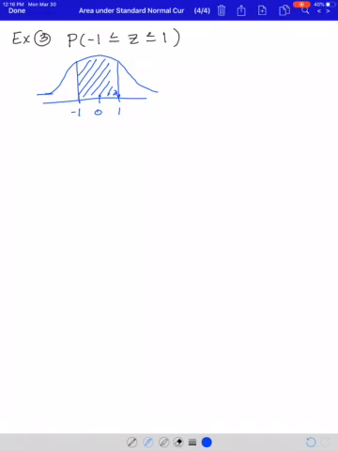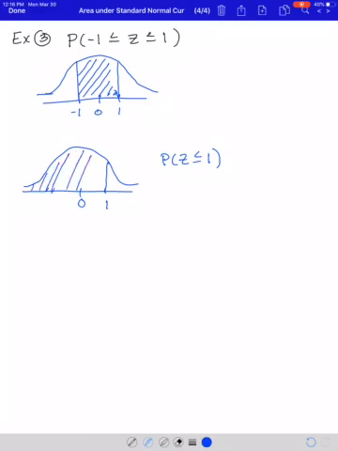Well, notice if we did the probability that z is less than or equal to 1, that would be this area here to the left of 1. But what we're interested in is the area between -1 and +1. So basically, I need to get rid of this area to the left of -1.